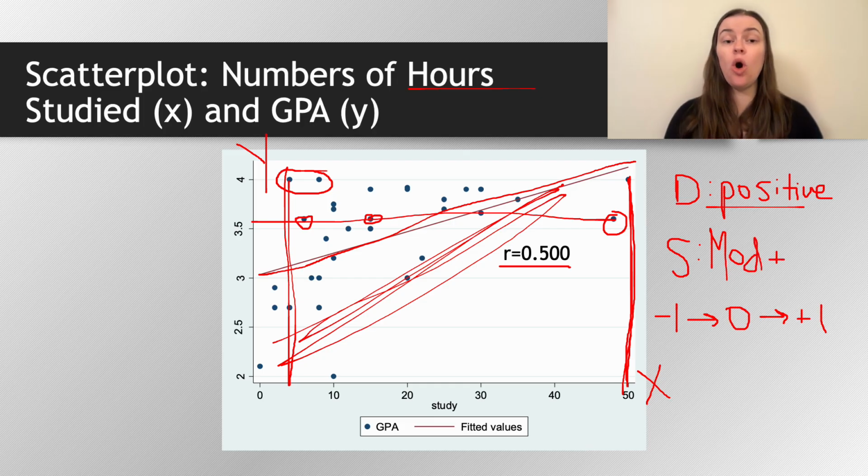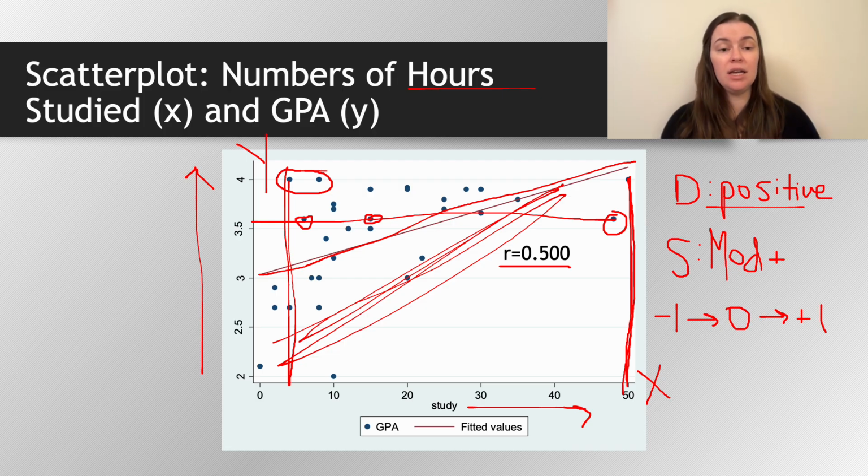We can still see that the overall trend line here is that as the number of hours increases, so as we're moving along our x-axis in a positive direction, so does our GPA, but it's not nearly as strong as we saw with the relationship on our previous scatter plot. And so this shows that there still is a relationship overall, but it's not perfectly predicting what we would expect in terms of the number of hours studied, in terms of an overall GPA.